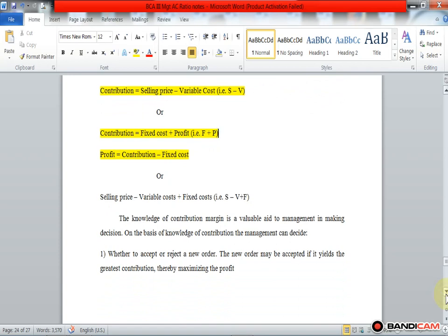The new order may be accepted if it yields the greatest contribution, or maximizes the profit. If the new order has maximized the profit, then it will be accepted in the organization.